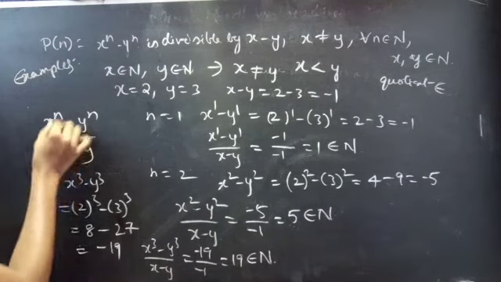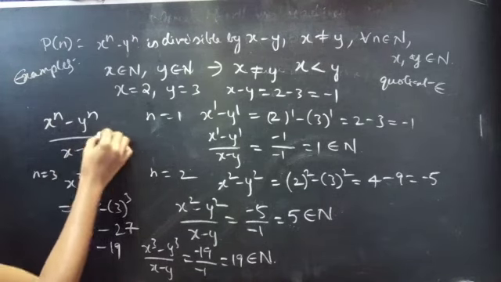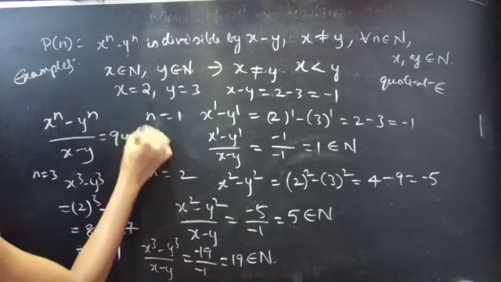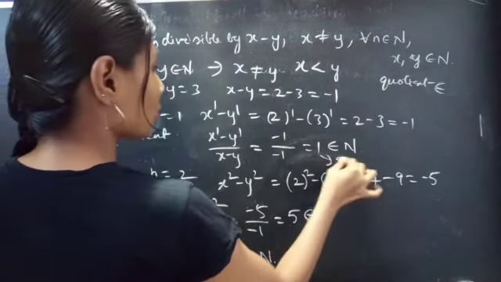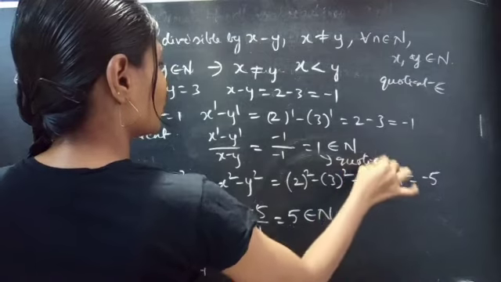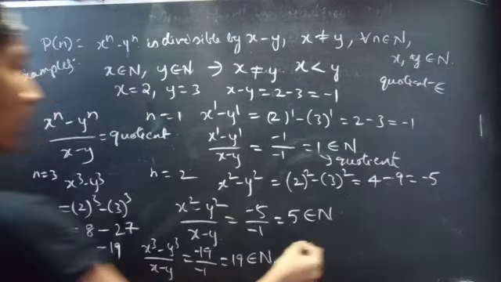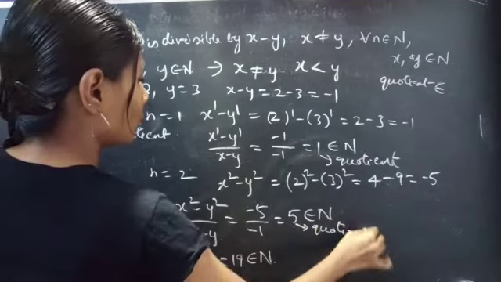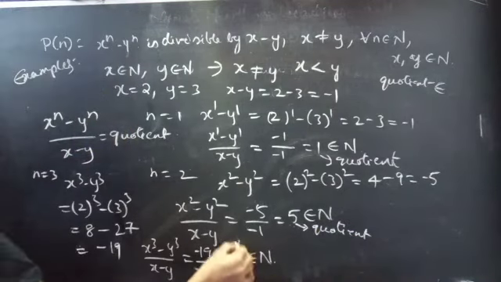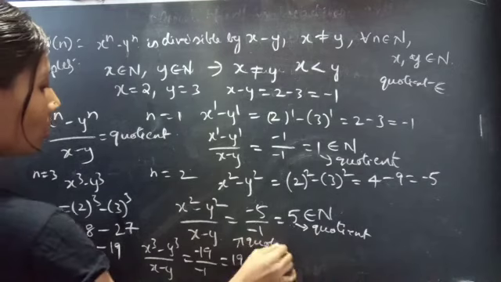We won't get any 0, and we got 1, 5, 19, which are natural numbers. So we know that (x^n - y^n)/(x - y) equals some quotient, right? So here 1 is a quotient, and 5 is a quotient, and also 19 is a quotient.